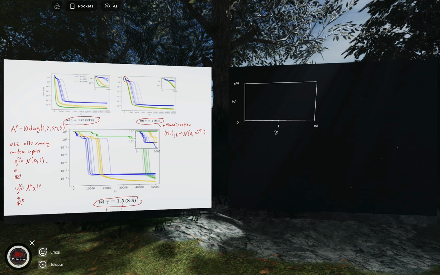Up here, we'll go off to infinity, and over here, 1 minus 1 over L. Remember, L is the number of layers. There's this transition between these two regimes. As we saw, the NTK regime is going to be here. In particular, it'll be in the corner.